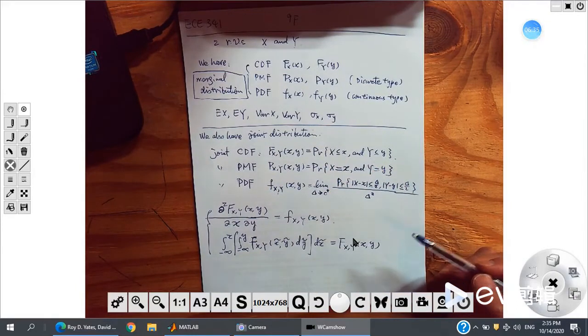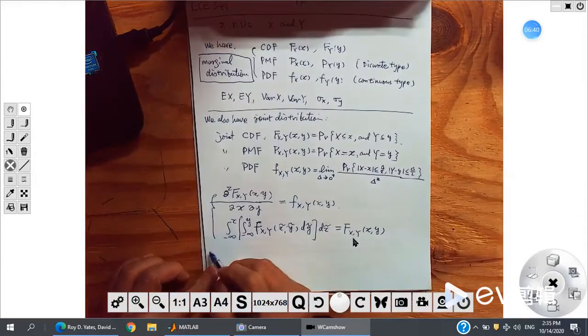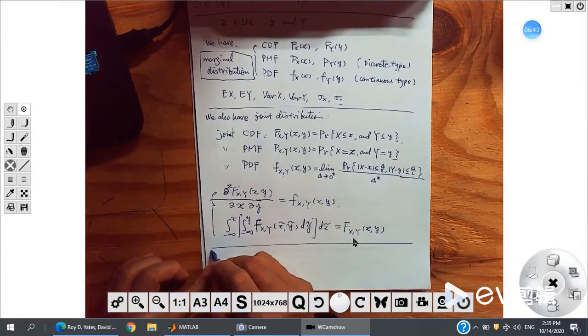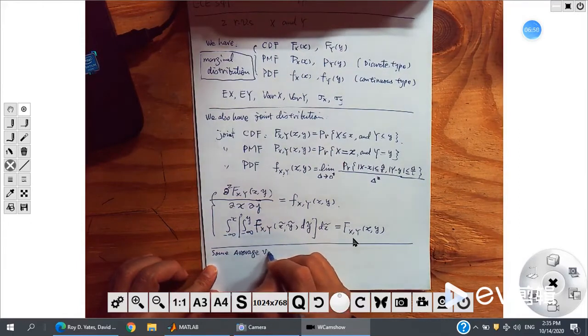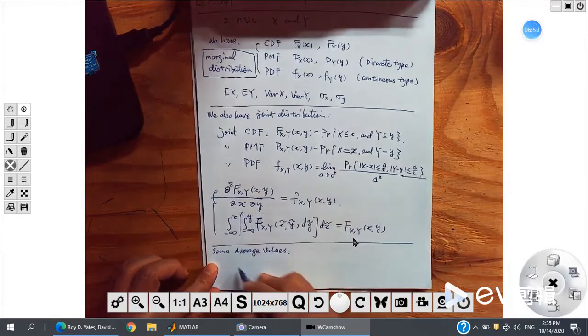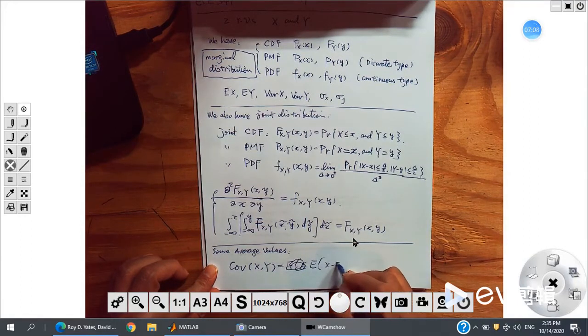Okay, and besides distributions, we also have some average values. We have the covariance of X and Y, which is defined as the expectation of (X minus EX) times (Y minus EY).